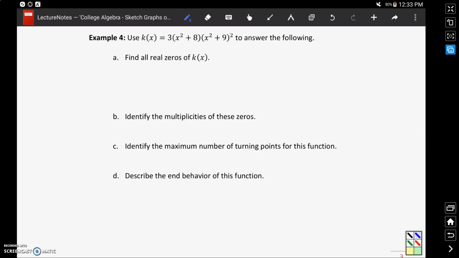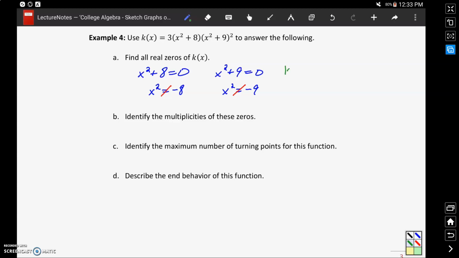In example 4, we'll again take each factor, set equal to 0, which will give us x squared is equal to negative 8, and x squared is equal to negative 9. For now, since we're only considering real zeros, these two equations lead us to no solutions.